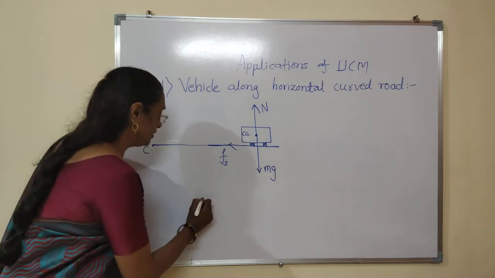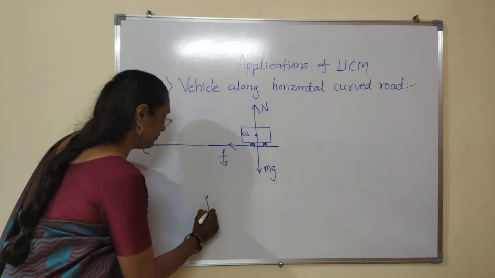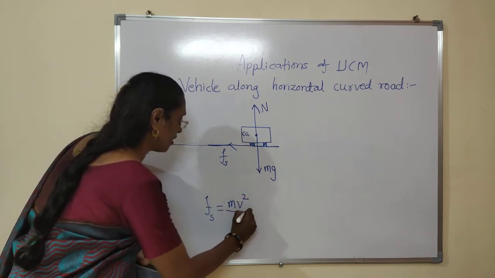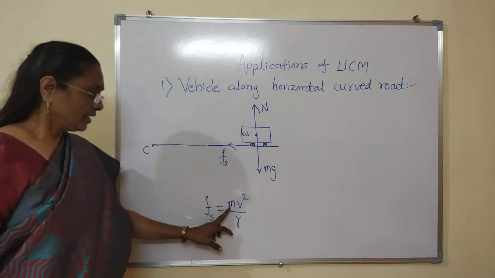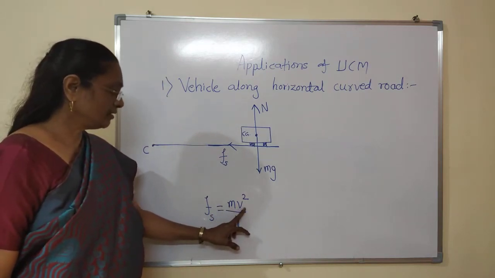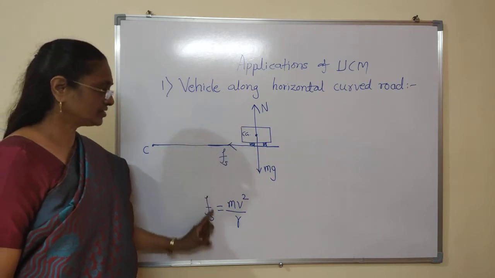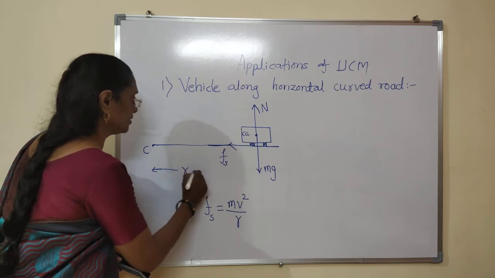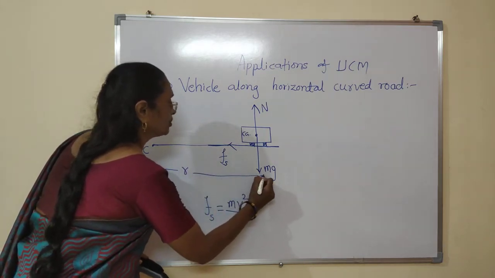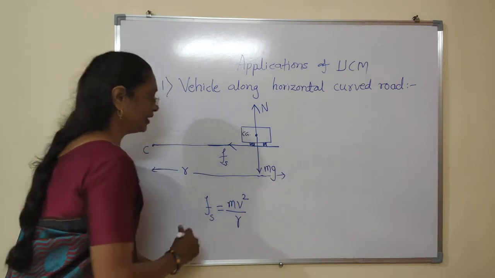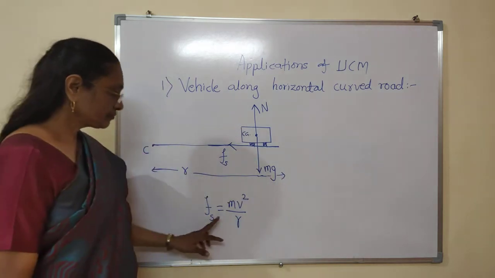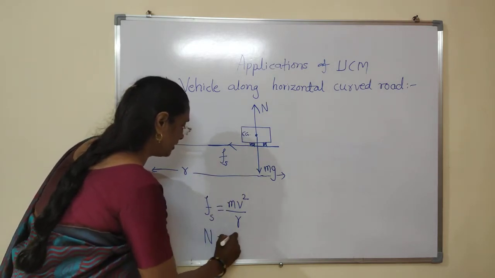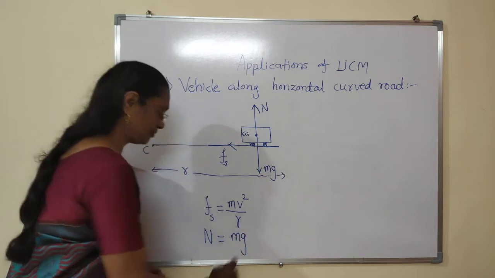It can be written as Fs = mv²/r, where m is the mass of the vehicle, v is the speed with which the vehicle is traveling, and r is the radius. The radius is shown from the center to the outer edge of the vehicle or road. The normal reaction N is balanced by the weight.